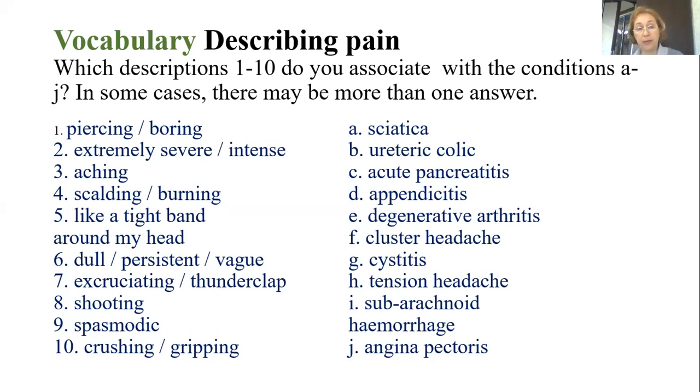This is a very serious condition, which is angina pectoris. This is the problem with the vessels and with the heart. Okay, so these are the adjectives that we should remember, the adjectives that characterize the pain.